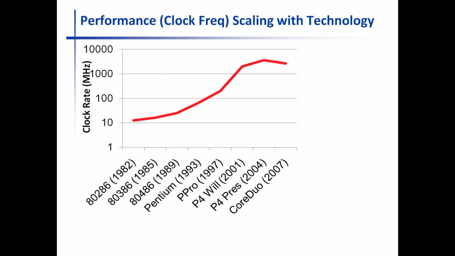Why do you think this happened? If what I said earlier was true, with smaller transistors, we are able to operate them with low voltages and we are able to switch them on and off faster. And you saw that even around this time, 2004, 2007, and even beyond, we were able to make the transistors smaller.